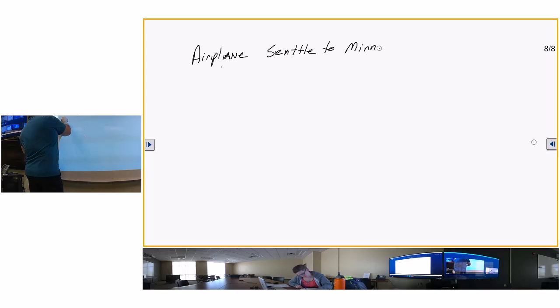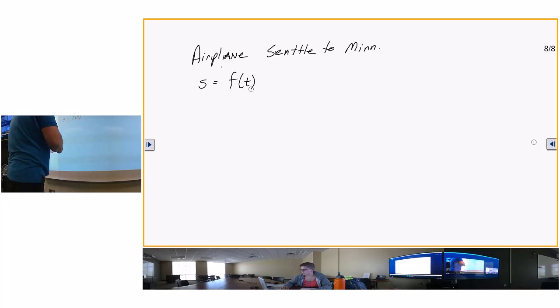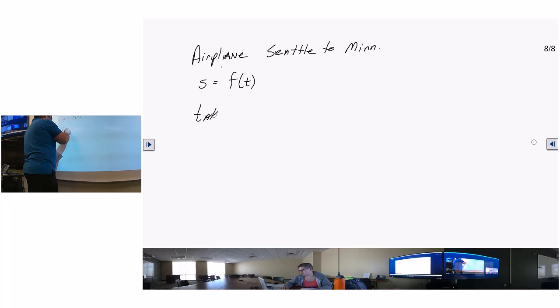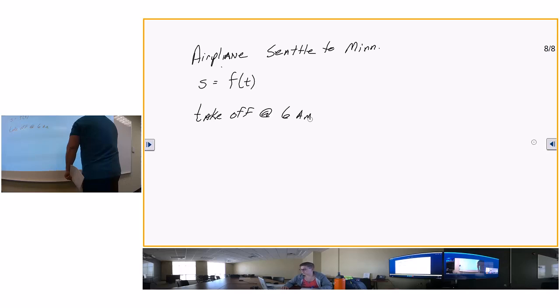And S is equal to f of t. They're going to give you a function for t. Number of ground miles is the number of ground miles, T hours. Take off at 6 a.m.